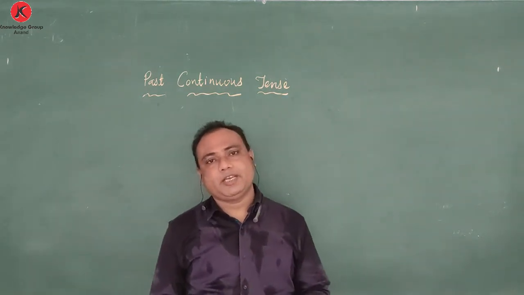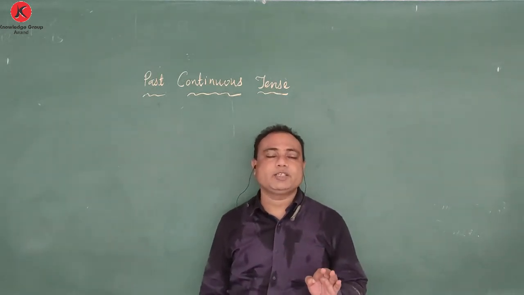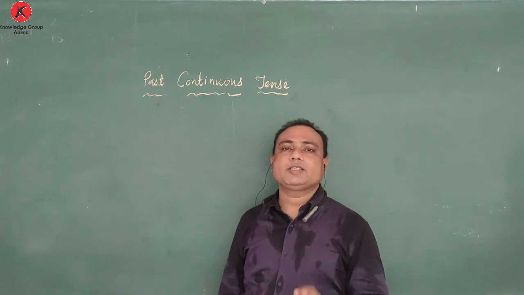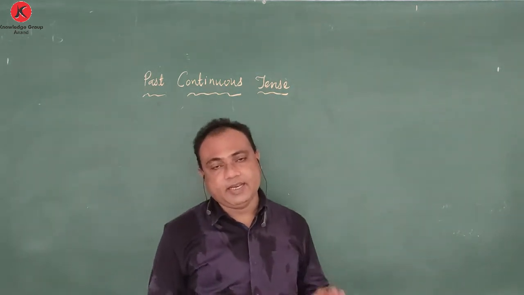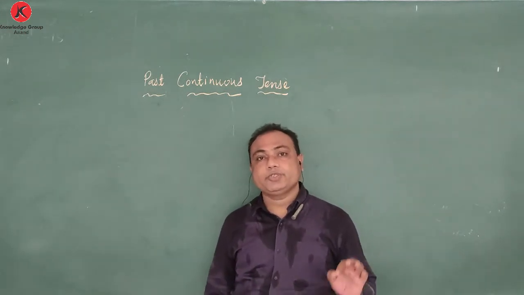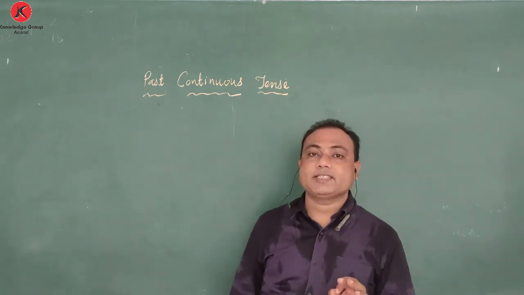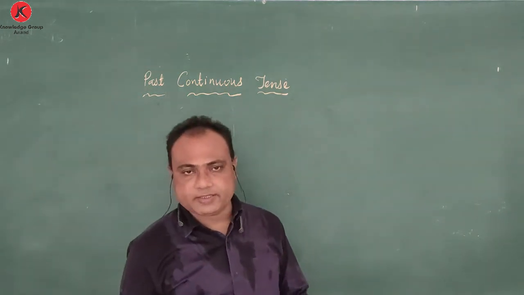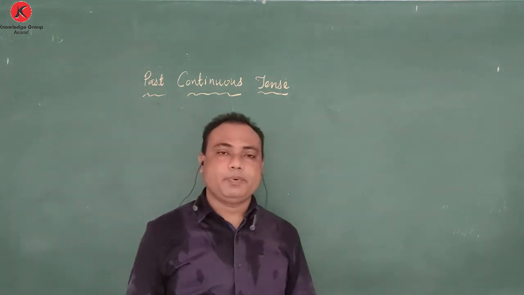In simple past tense, we talked about the use. When any action is completed and it has no impact in the present, then we write that sentence in simple past tense. We also talked about the verb forms.